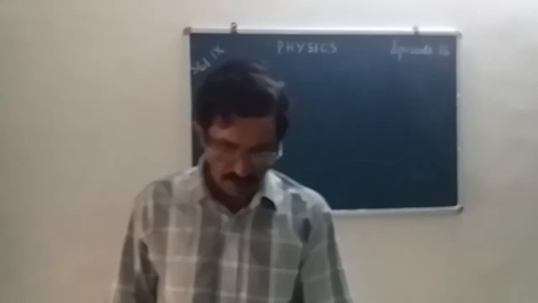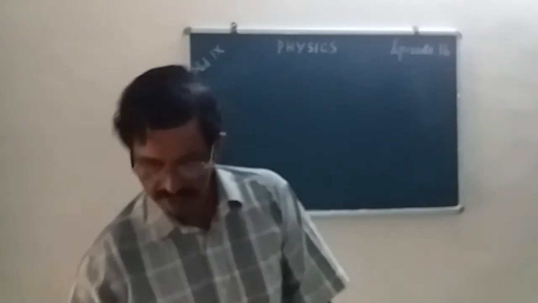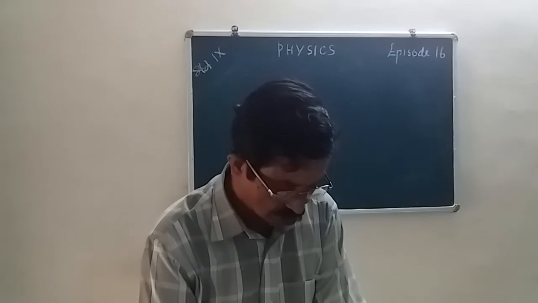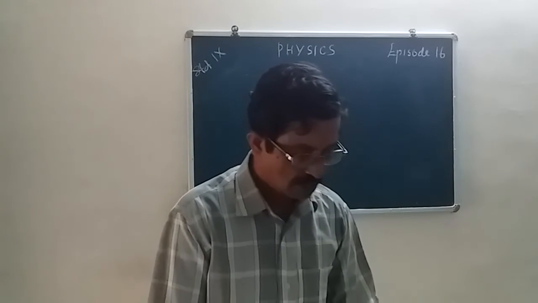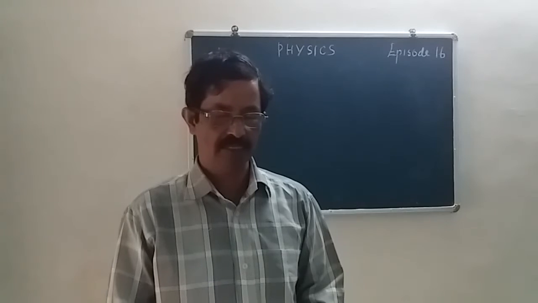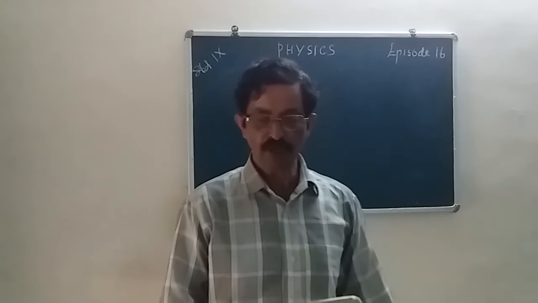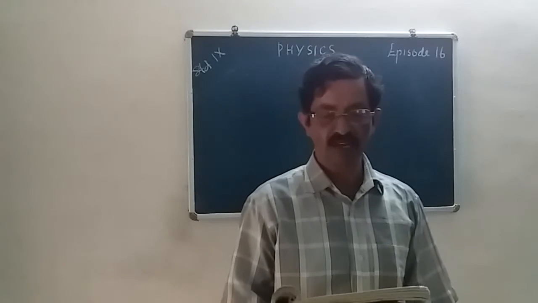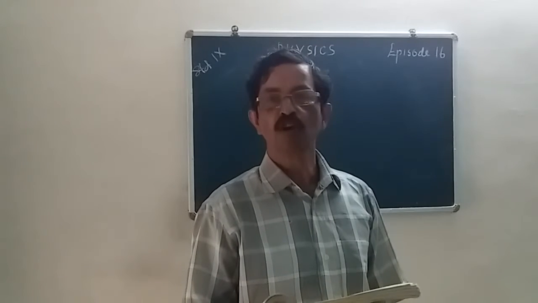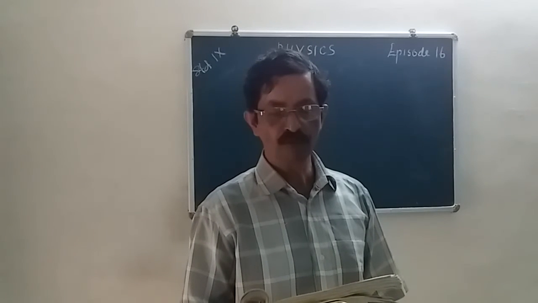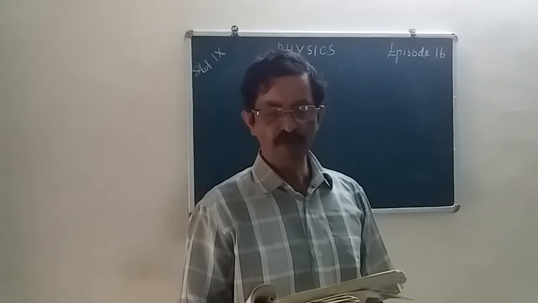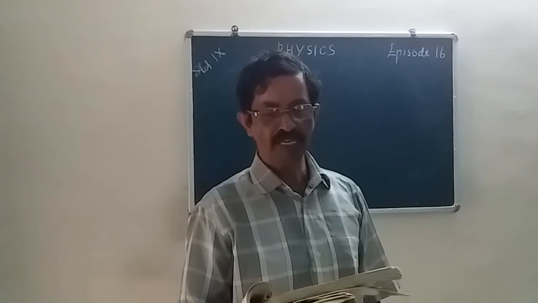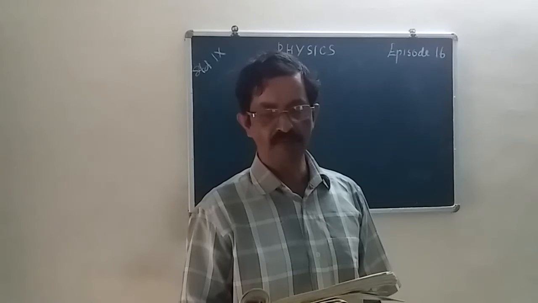Now, here are some problems given for us to solve related to work. First of these, a force of 5 Newton is acting on an object. The object is displaced through 2 meters in the direction of force. If the force acts on the object all through the displacement, how much is the work done?